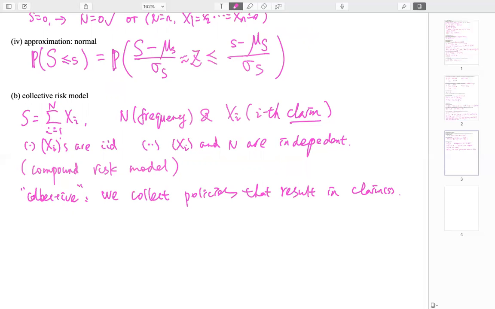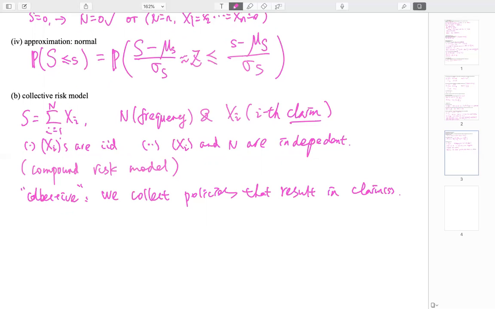Those are all the policies in our risk pool. We study the claim information from each of them. Now, under the collective risk model, we only collect policies that result in claims, meaning if a policy comes back clean, we simply discard this policy because it does not require us to make any payment, right? So that is the most important difference between collective and the individual.